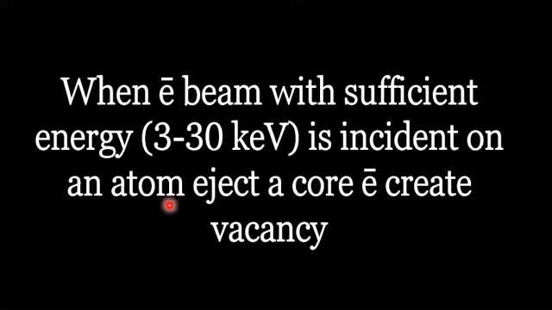Since the energy of the incident beam is quite high compared to the core shell electron binding energy, it causes the ejection of the core shell electron, and as a result a vacancy will be created in the atomic structure and the structure will become destabilized.